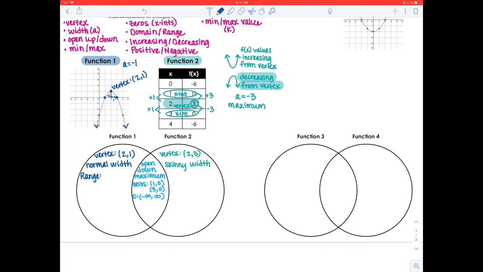So my range is going to go from negative infinity all the way up until the top of the graph. So at the vertex there, my y value is 1. So all the way up till 1. And since that point is included, don't forget your bracket on your range. That's the only time you use your bracket on your key features.